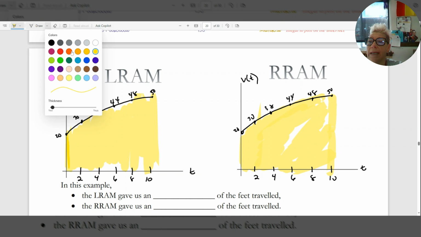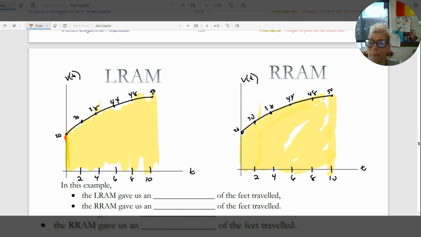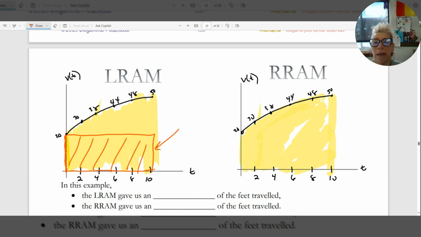And what we did in the last video is we took a left RAM, from the left-hand side, and then we created a rectangle. And we could see pretty quickly and easily that when we did the left-sided rectangle approximation method, we found an area that grossly underestimated the actual area.